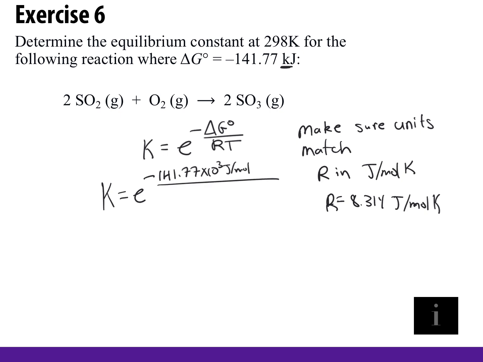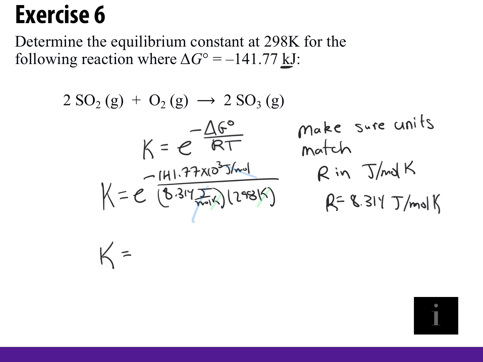Divide that by R, 8.314 joules per mole Kelvin, times T, 298 Kelvin. So all the kelvins cancel, the joules per mole also cancel, and we get our final answer.